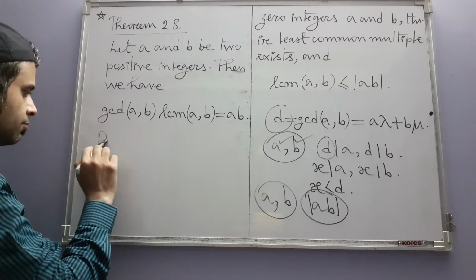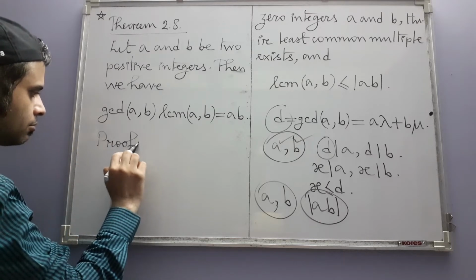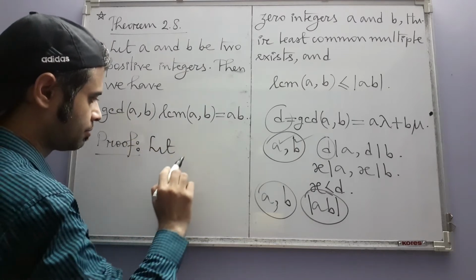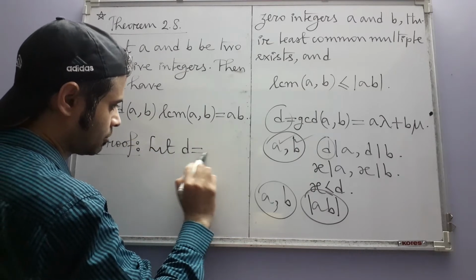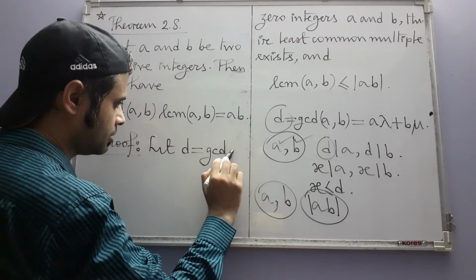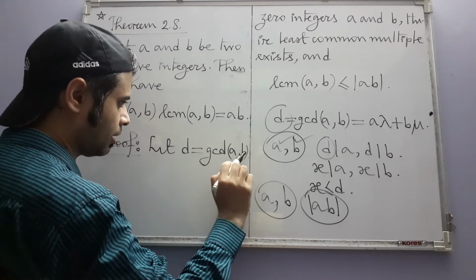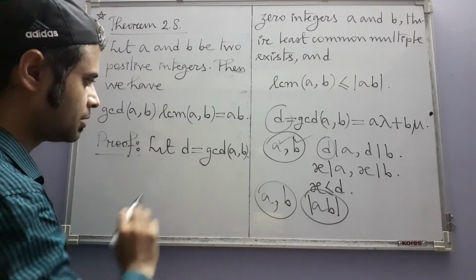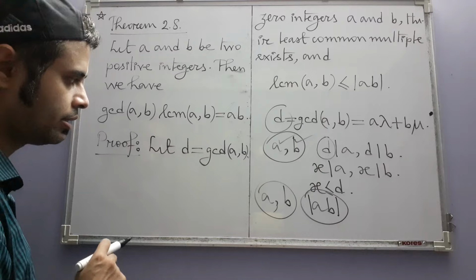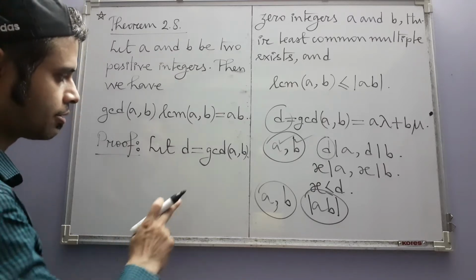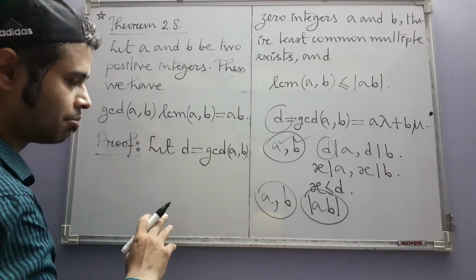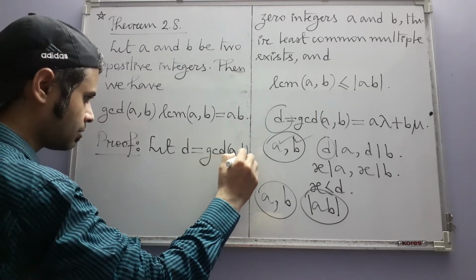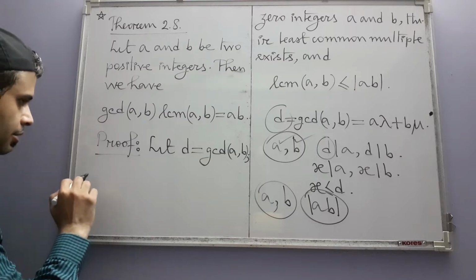Now the proof. Let D be the GCD of A and B. Because D is the greatest common divisor of A and B, that means D divides both A and B. So A and B will be multiples of D, and we can express them like this.